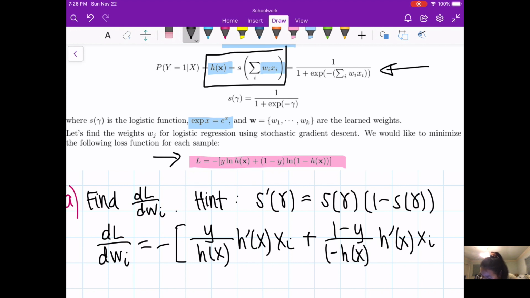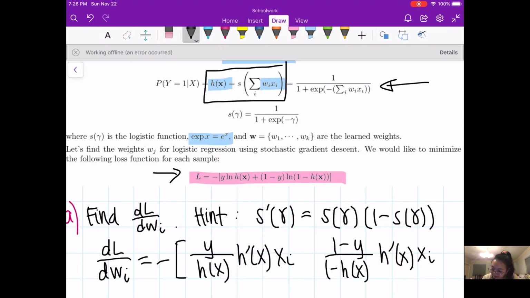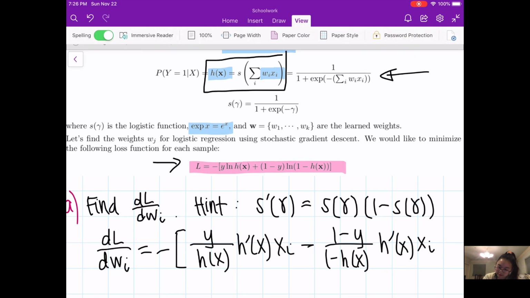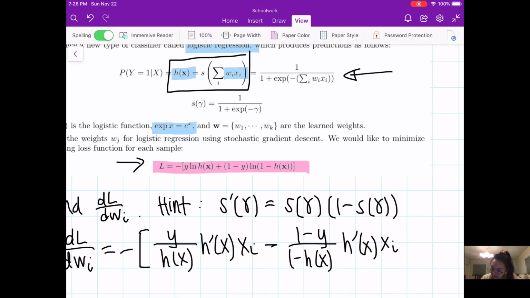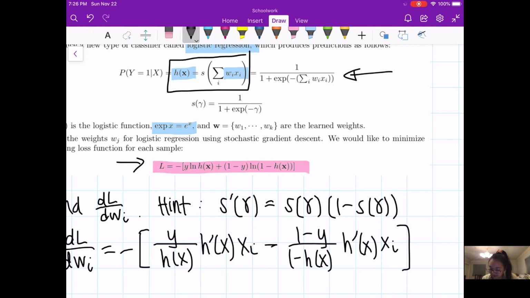One thing I'm missing is a negative, because in this part we're finding the derivative of 1 minus h of x for the chain rule, so we would end up having negative h prime of x, which turns into a negative sign. So that is the first step of taking the derivative.